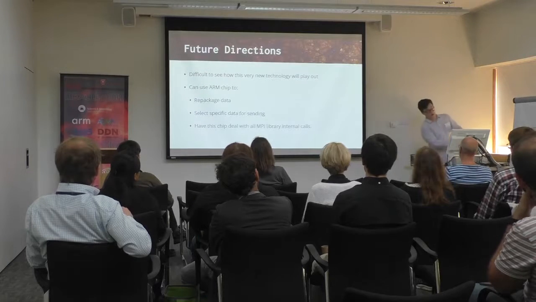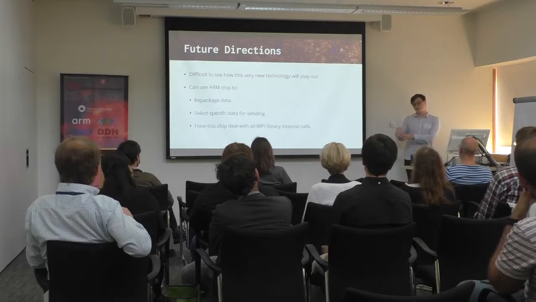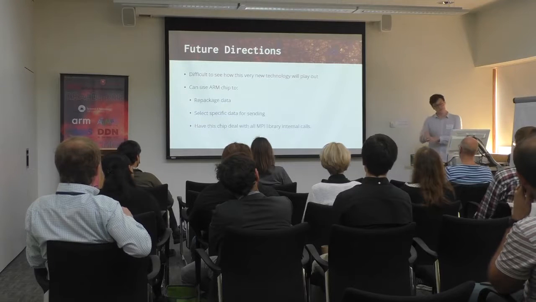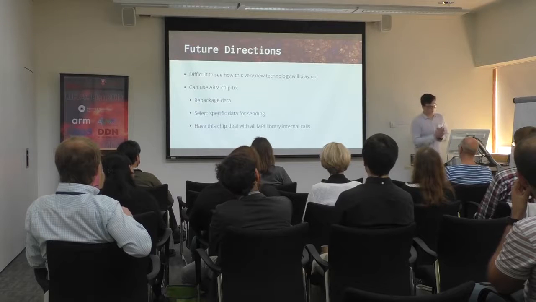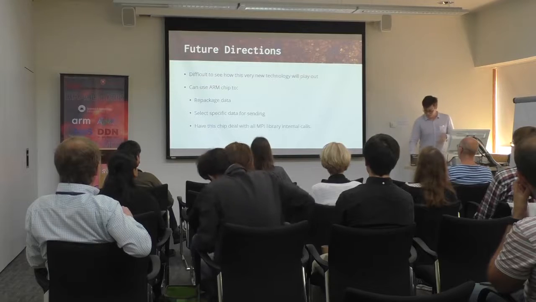All of the MPI stuff would be done on this chip on the card, and then I just get the data I ask for, whereas at the moment that's not the case. But that is not a mode that is available, and I imagine would require significant extra work by Mellanox, but that would be a great thing to see.